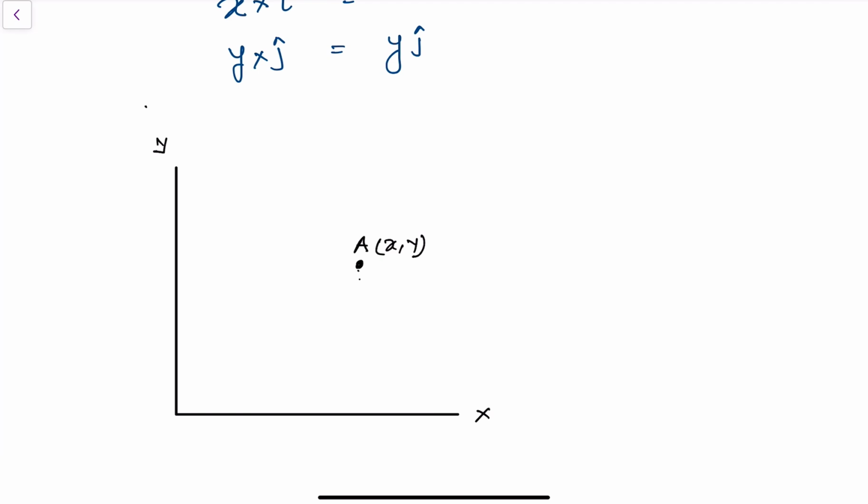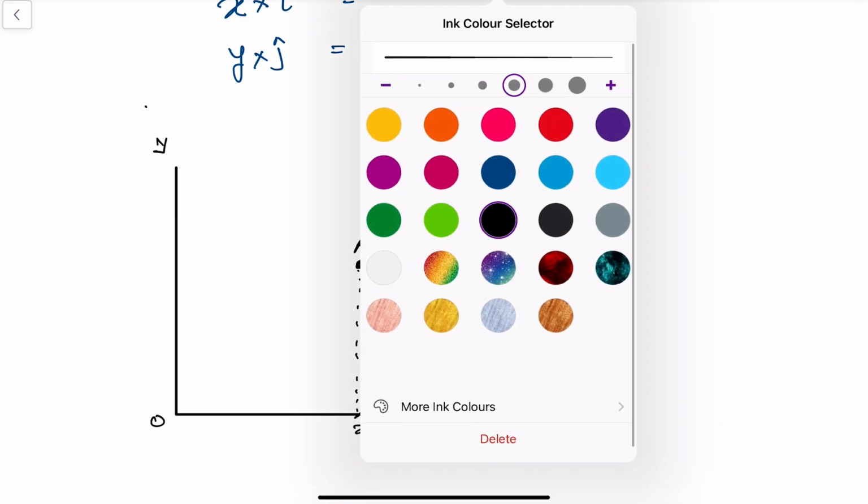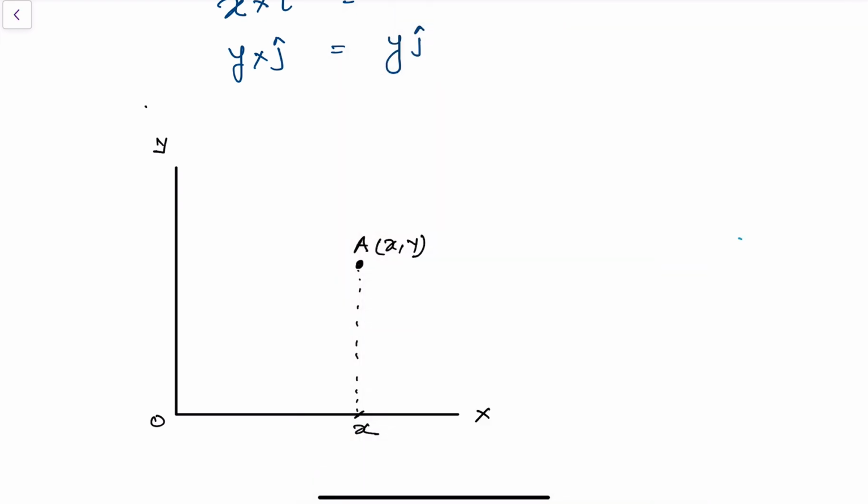Okay, if I drop a perpendicular here, then the coordinate from the origin to this x, I can always draw a vector which we have just seen. So this vector can now be written as, what can we call this vector? We can call this vector x times I cap.